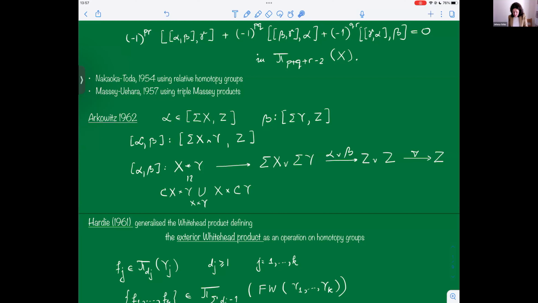As in the classical case, we continue by folding Z wedge Z into Z.